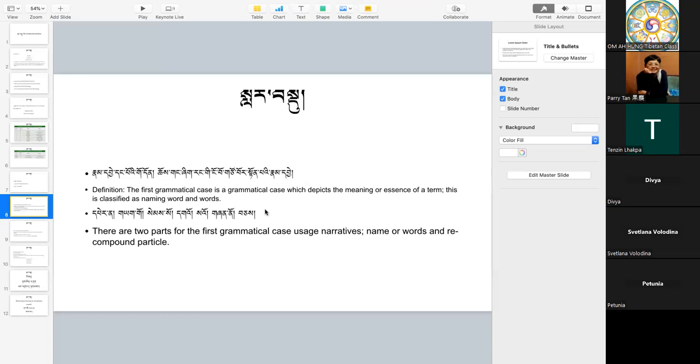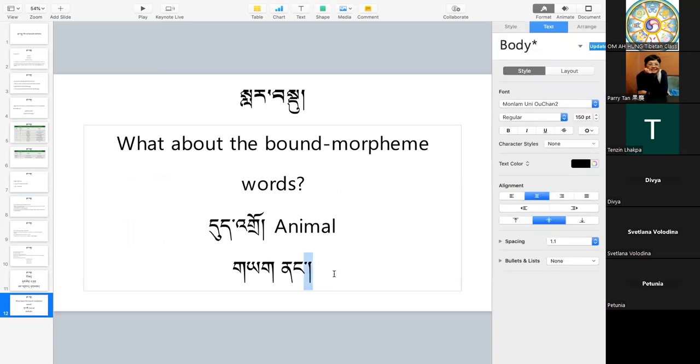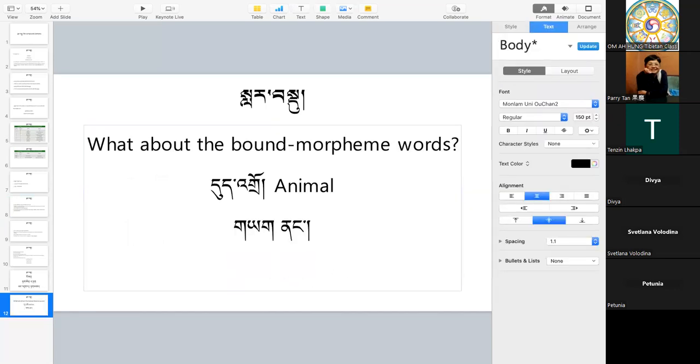So there are two parts of the first grammatical case usage narratives. First one is either name or word. You can either use a name or a word. For name, we have yak, which is the animal yak. And then we have the action word, let's say, dro, which means to go, or let's say chin, that's chinno, right?